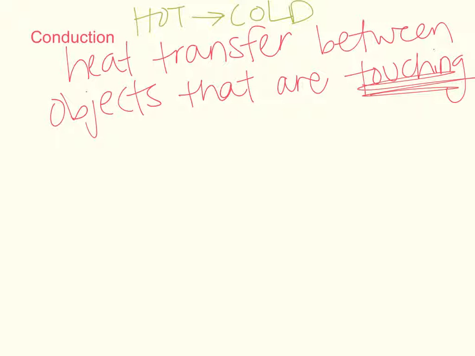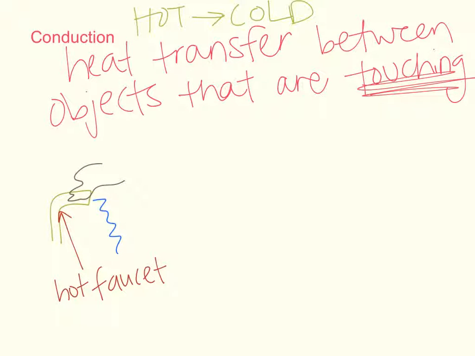So if something's really, really hot, say I turn the faucet on and I have the hot water running, and there's hot water coming out here, and then I take my hand and I hold on to this, the heat is going to be transferring from this hot faucet to my hand.